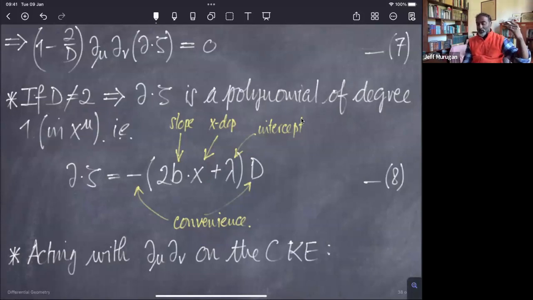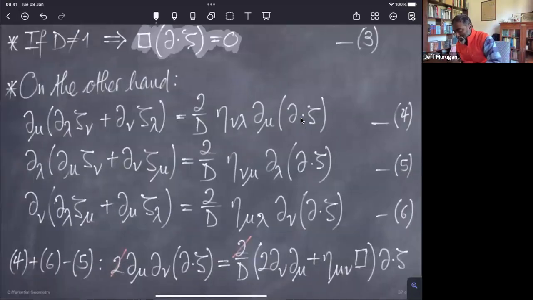We act with d nu on the conformal Killing equation and then relabel, and then go the same as this 4 plus 6 minus 5.